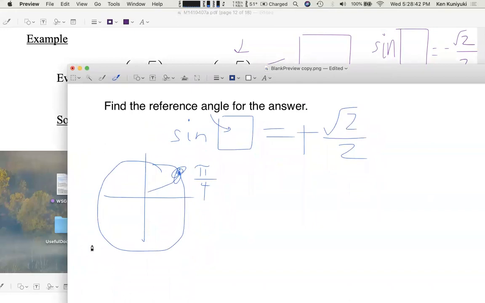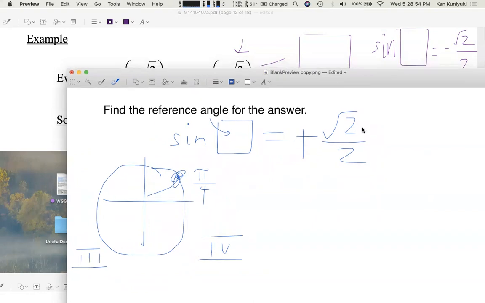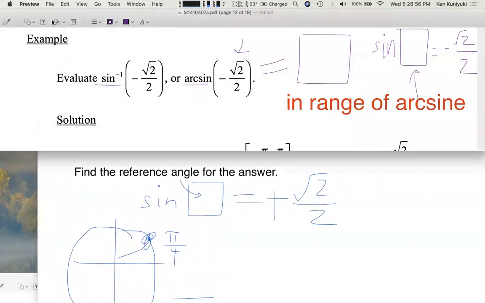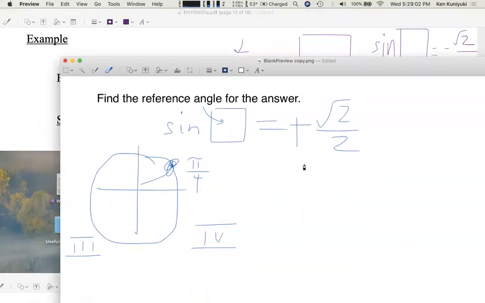In quadrants 3 and 4. It's like the y coordinate. The sine value is negative in quadrants 3 and 4. But now wait, we also need our answer to be in the range of the inverse sine or arc sine function. And what is the range for the inverse sine function?